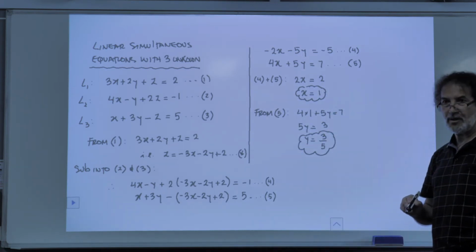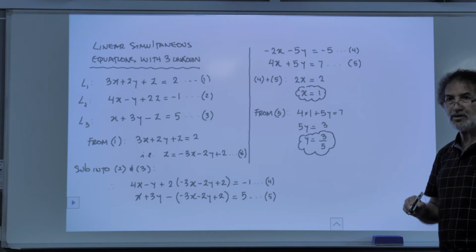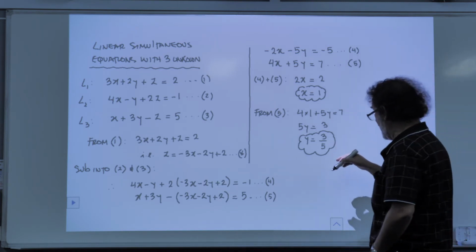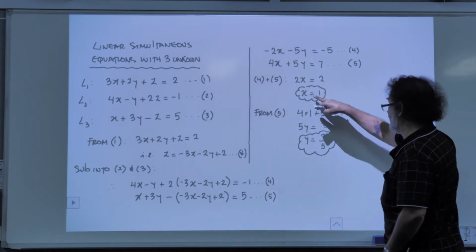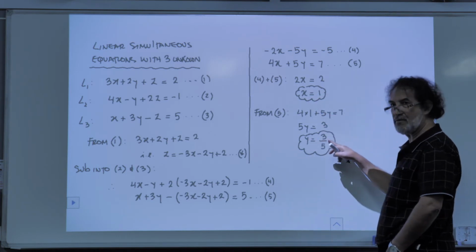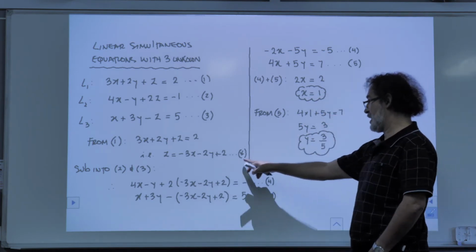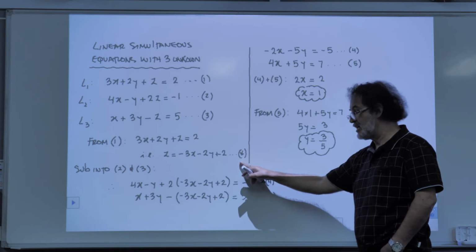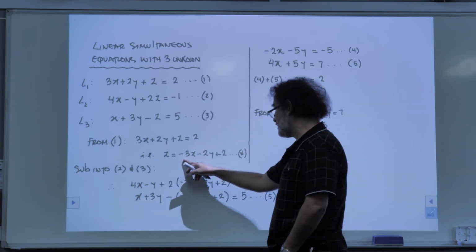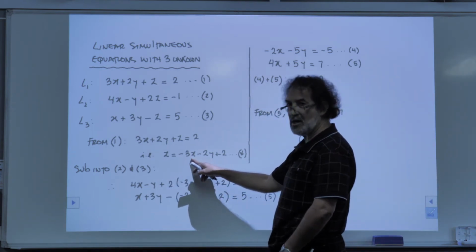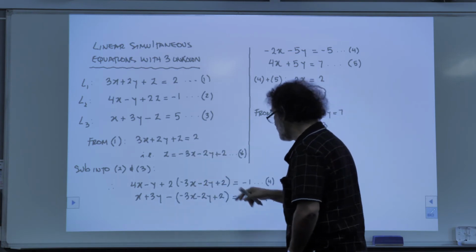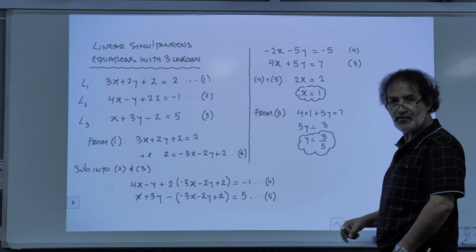All right. So far, so good? Okay. And then, can you see that we already have the answer for x and we have the answer for y? So then we can come back to asterisk and then z is going to be equal to negative 3 times the answer of x, minus 2 the answer of y, and then plus 2.